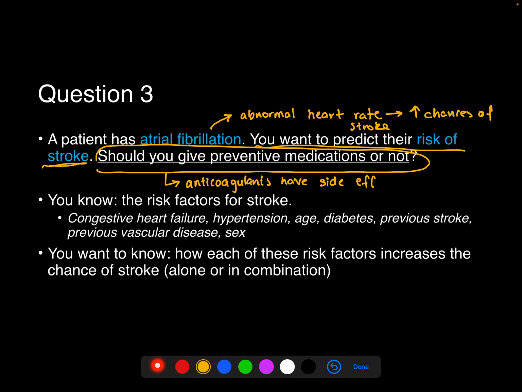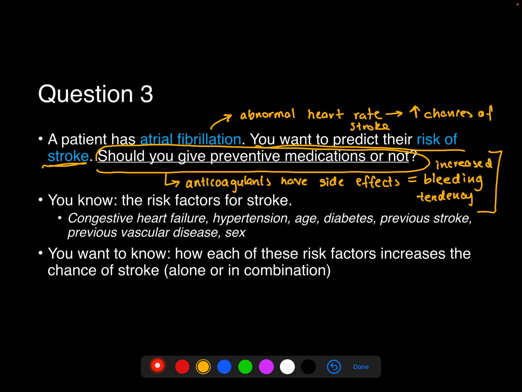And the one we're most worried about is bleeding. An increased bleeding tendency. We want to know, is this increased bleeding tendency worth it for their risk of stroke?